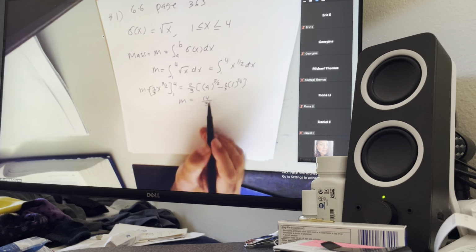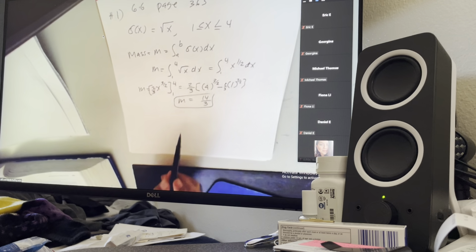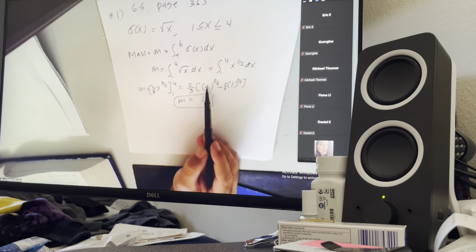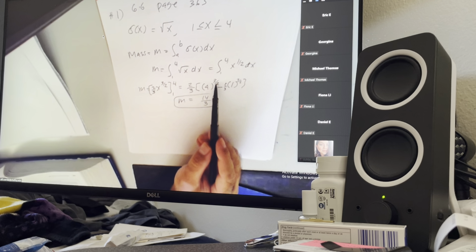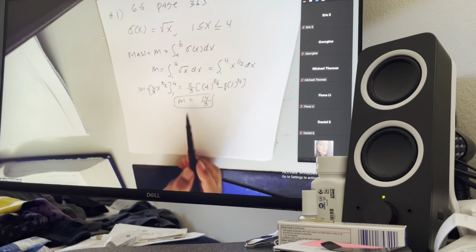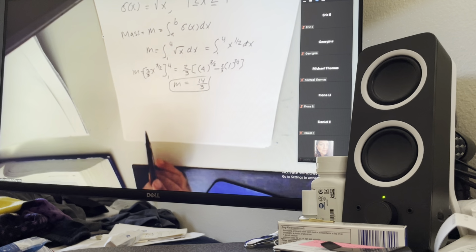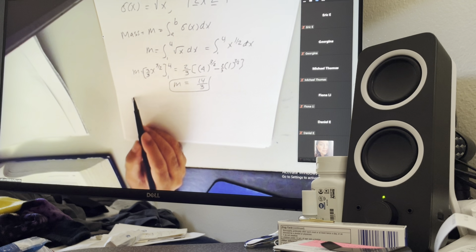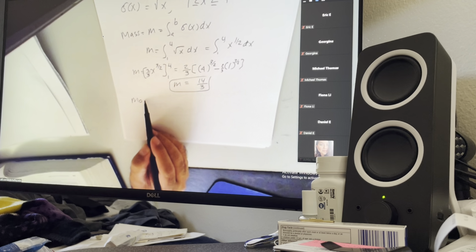So this is our mass. Just remember, the 4 to the 3/2 is the same as 2 to the 3rd power, so that gives you 8, and at the end you will have this. So simplify that.